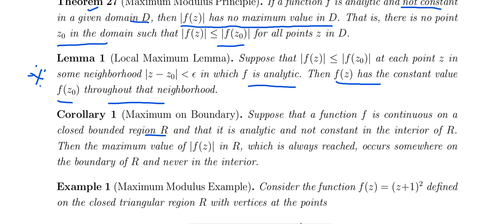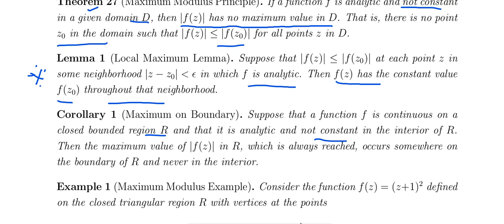Okay, so in the same way, maximum on the boundary: suppose f is continuous on the closed bounded region R, and the function is analytic and not constant in the interior of the region.